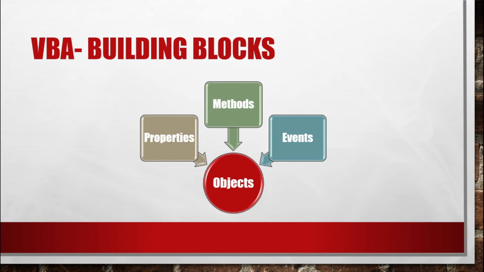For example, when you click on an Excel icon, an Excel file opens. So the clicking is an event and it fires the file and it opens up. Whenever you are clicking something, that thing is called an event. This is the basic framework that we'll be using everywhere whenever we are making some VBA application.